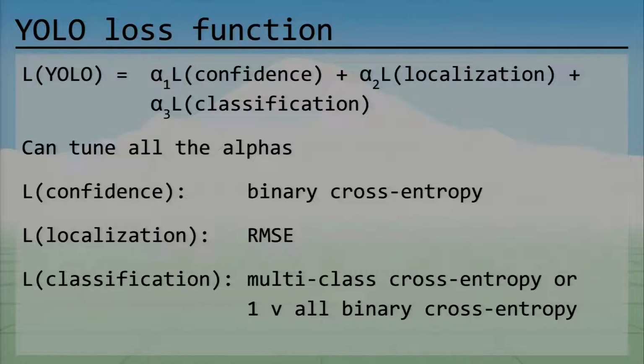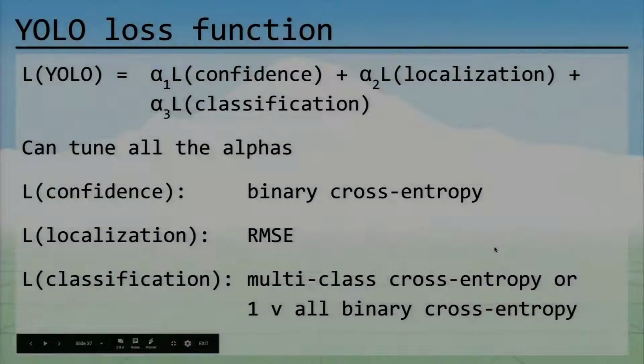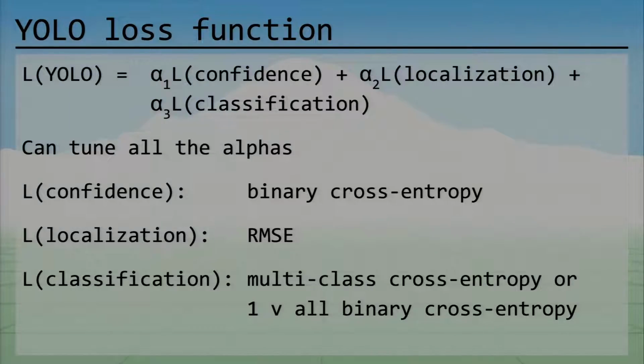We have a bunch of different labels for one particular bounding box, and we don't want to enforce this softmax assumption that each of the labels are distinct or mutually exclusive from each other.